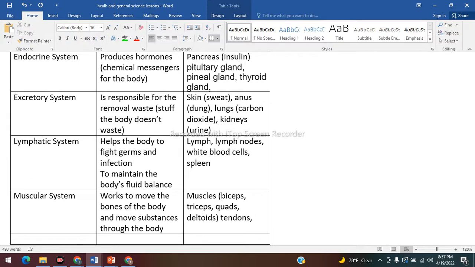So muscles of the heart, muscles of the small intestine, and skeletal muscles as well. Skeletal muscles are the ones in the arms. The tendons are in the arms, but the tendons are going to be where you have joints.